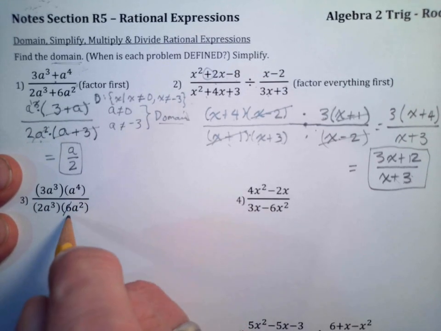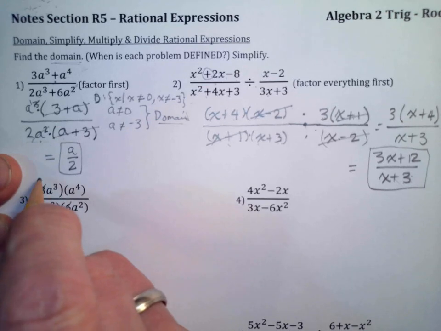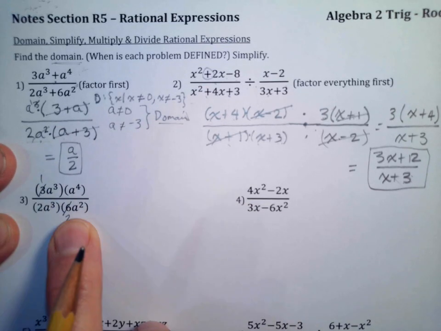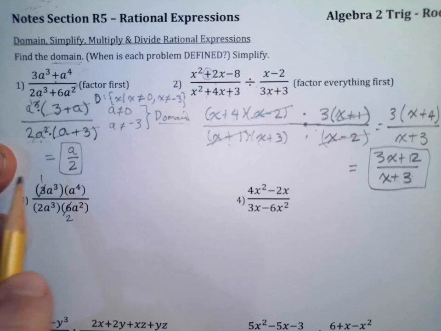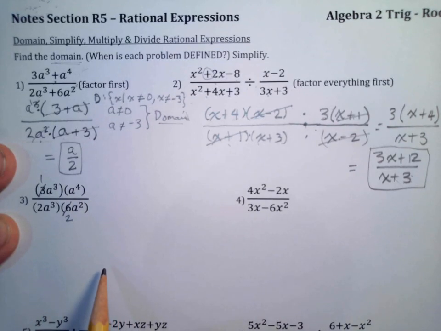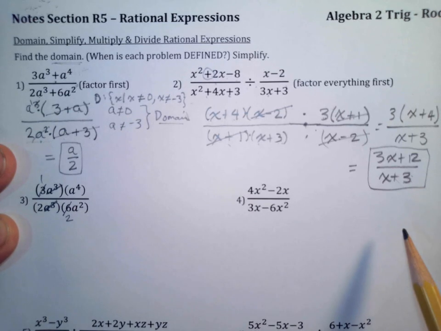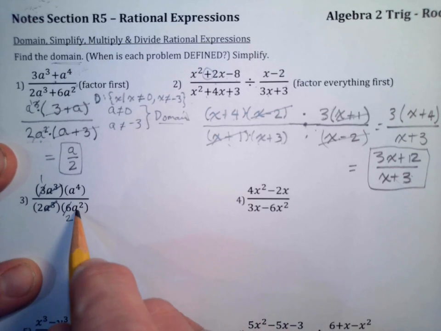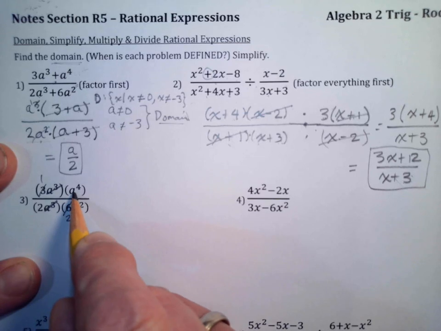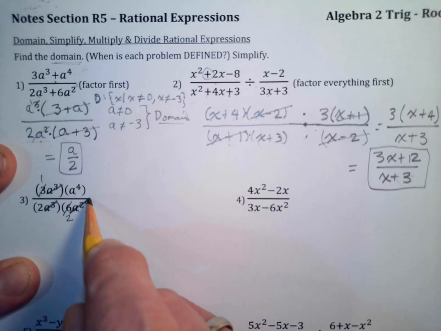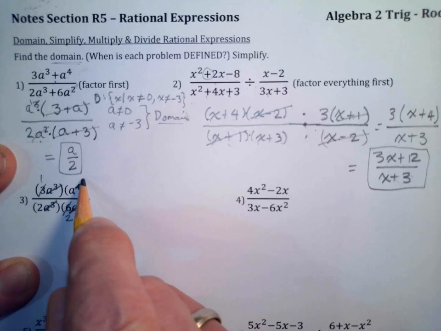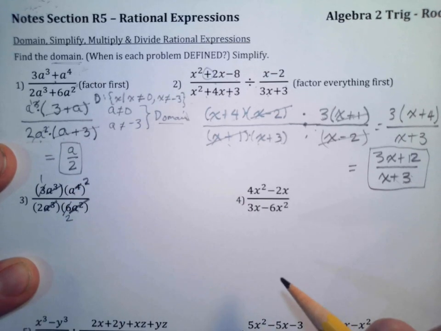So a 6, I can take a 3 out of the 3 and the 6, right? So those become a 1 and a 2. I can cancel this a cubed with this a cubed. I can cancel the a squared with the a squared that's in the a to the 4th. So that becomes a 2, a squared.